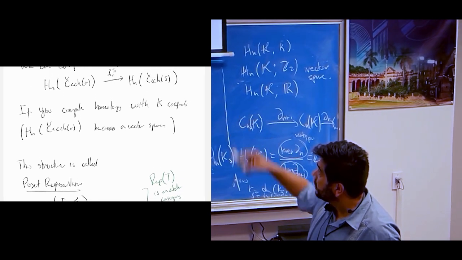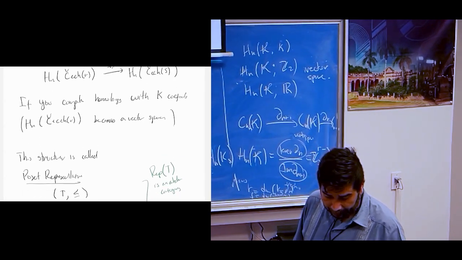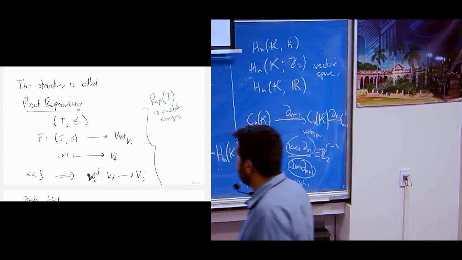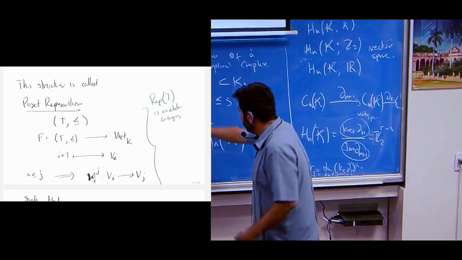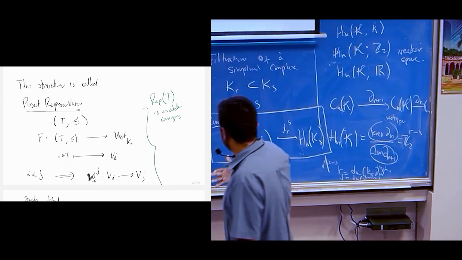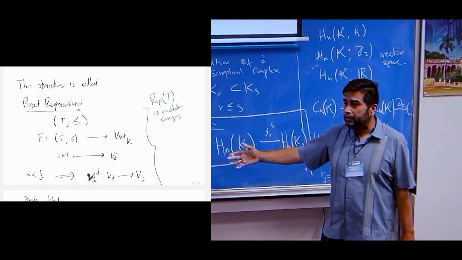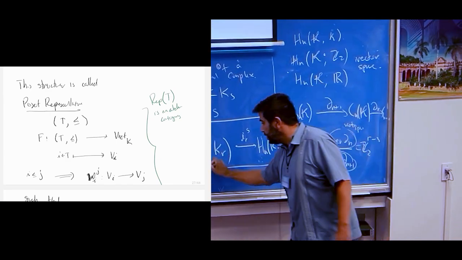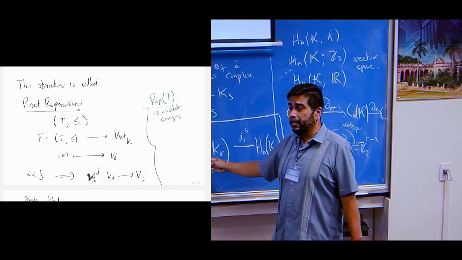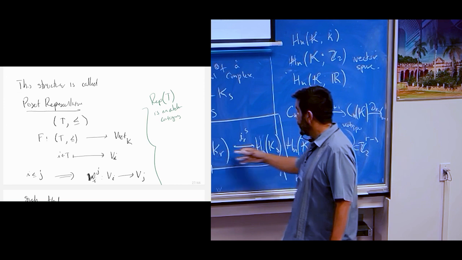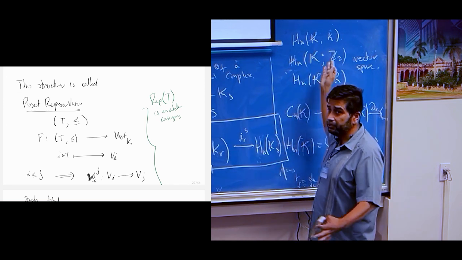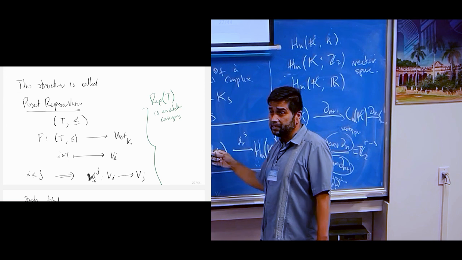But this is a filtration of vector spaces. When you fix R and you fix n, you get a vector space. If you put coefficients in a field, Z2 or R, we're going to think of this as a vector space.